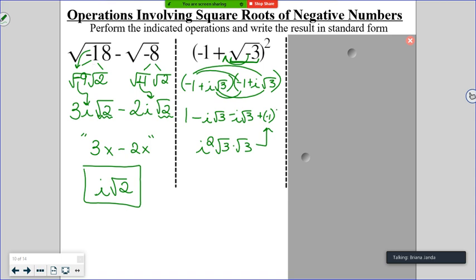Square root of 3 times square root of 3, which is 3. So combining my like terms, 1 minus 3 is negative 2. And negative 1 minus 1 would be negative 2i square root of 3. Questions?